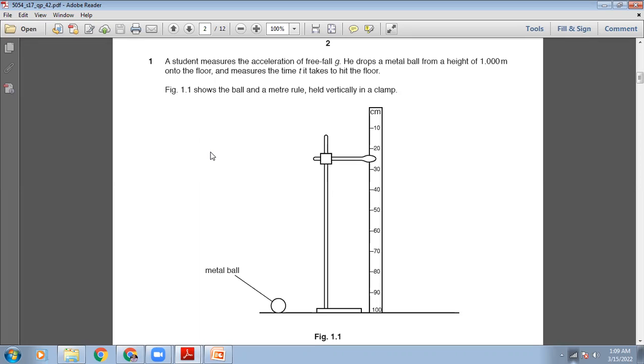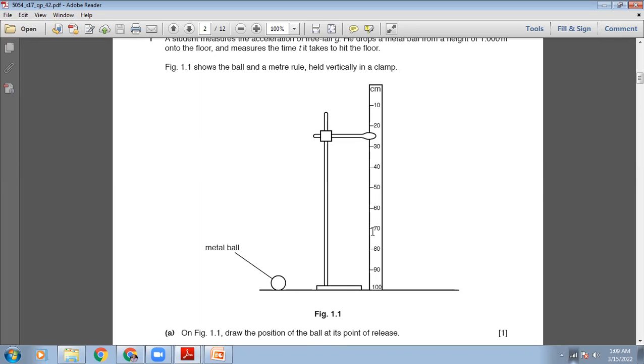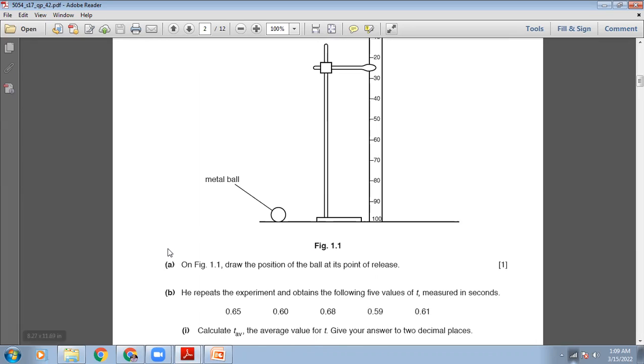Figure 1.1 shows the ball and a meter rule held vertically in a clamp. So here we have a vertical clamp. Here is that metal ball. We have dropped the metal ball from here. It has dropped to the ground.